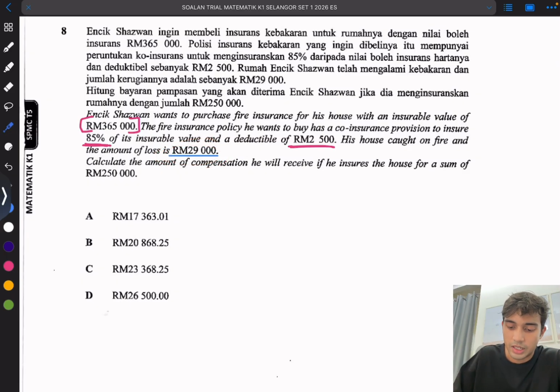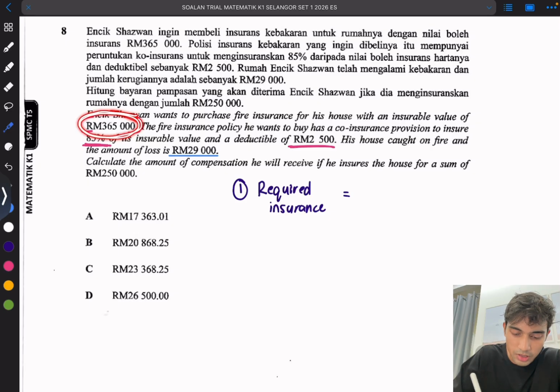So we need to calculate the amount of compensation he will receive if he insures the house for a sum of this much. Okay. First step to do this kind of questions is finding the required insurance. Okay, required amount. So his house insurable value is this much and the co-insurance provision is 85%.